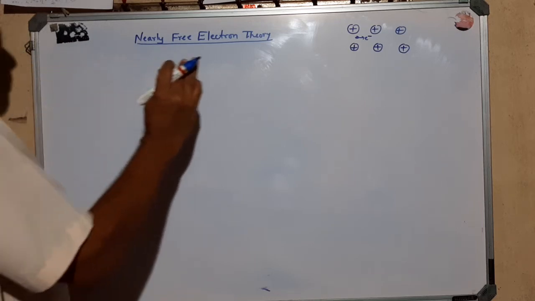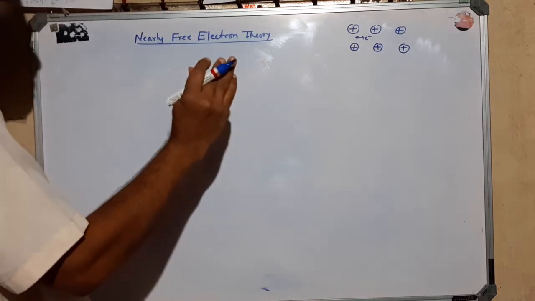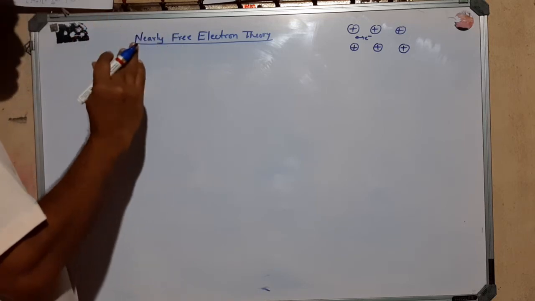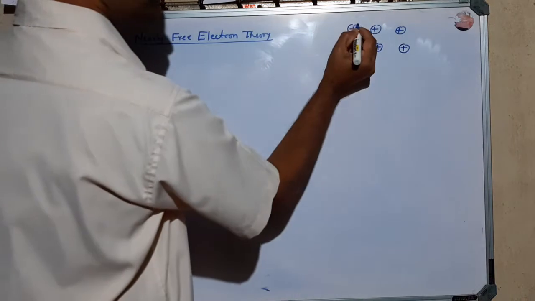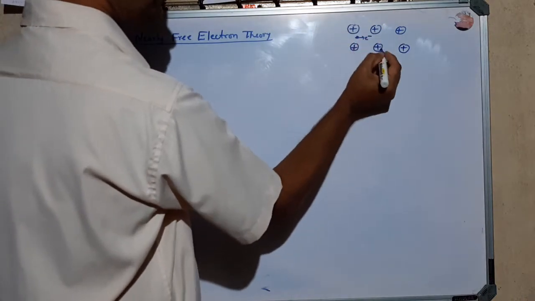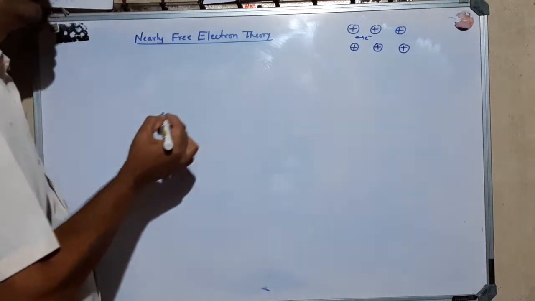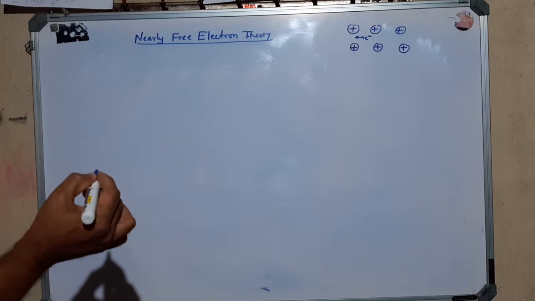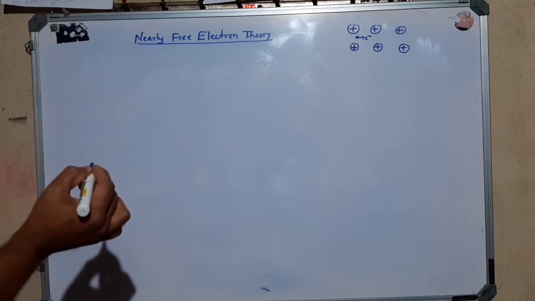Therefore, we are considering a weak perturbing effect on the motion of electrons in this theory. Remember that the positive ion produces a weak effect on the moving electrons. The perturbation produced by the positive ions is so small. That is what we are considering in this theory.